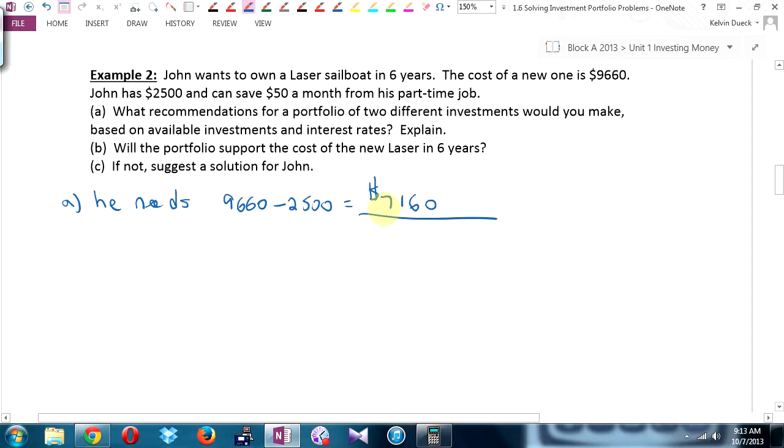Part A says, what recommendations for a portfolio of two different investments would you make, based on available investments and interest rates. They haven't given us much information here. So let's suppose we did some research. Suppose we found the following.